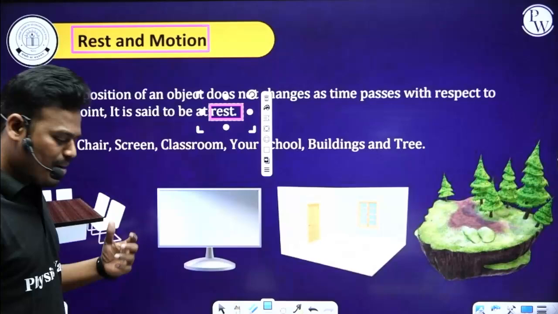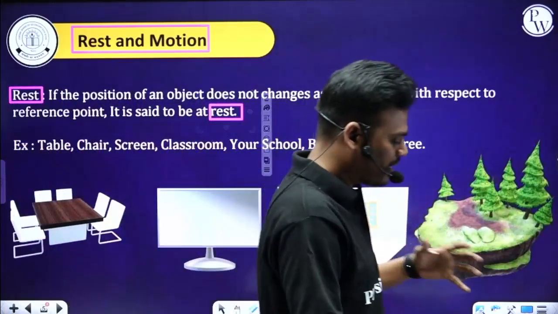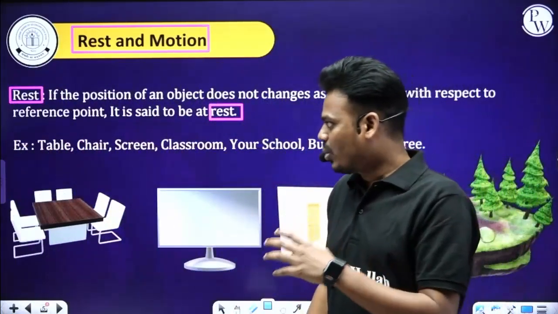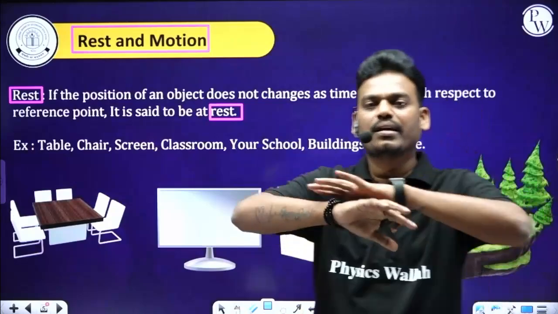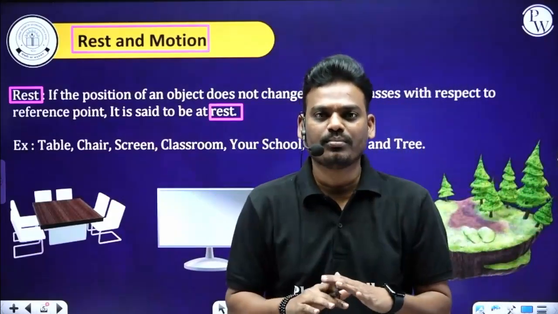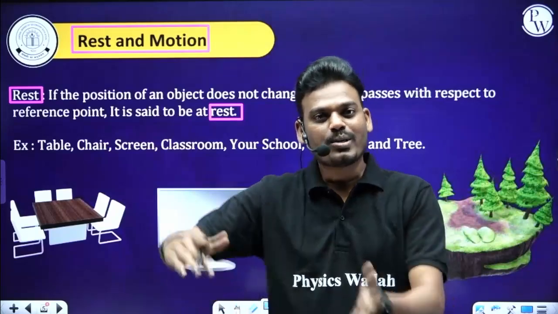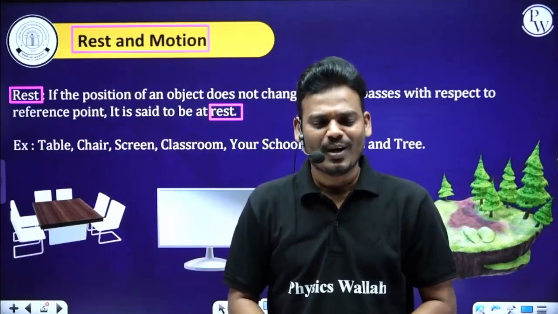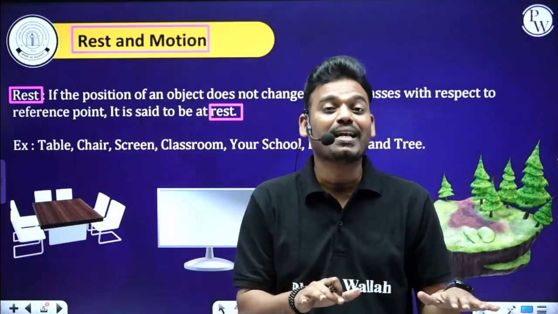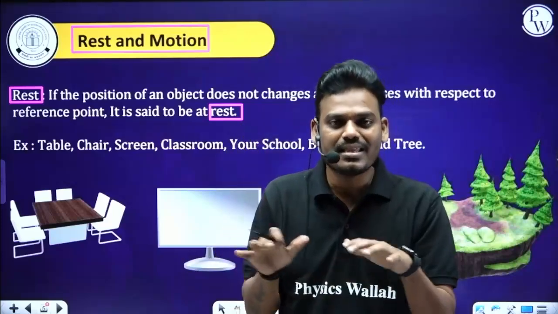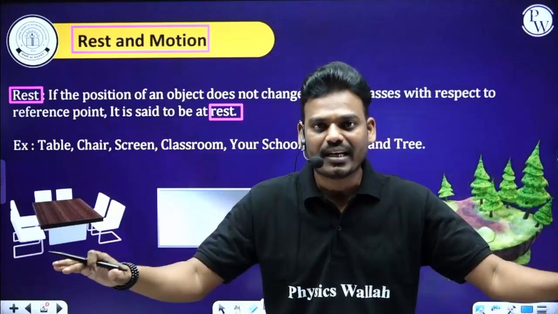Okay, I have said many examples for rest. Okay, so table, let's consider your classroom, table in your classroom, chair in your classroom, outside the building, right? All the objects in these examples are in the state of rest.